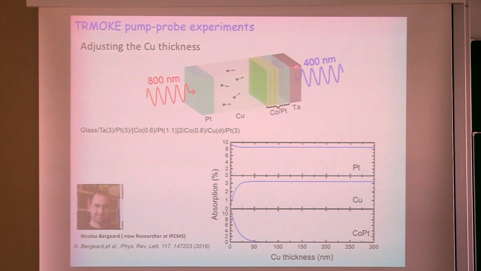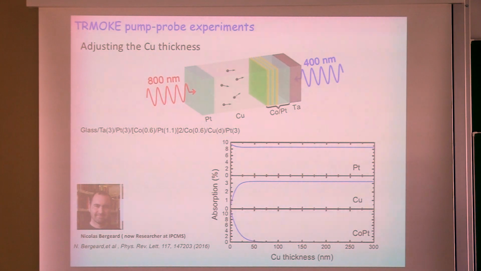So first, what we have done is we looked at cobalt platinum. Okay, so the idea is to look at cobalt platinum, and a pump laser beam was sent on one side, and we probed on the other side.